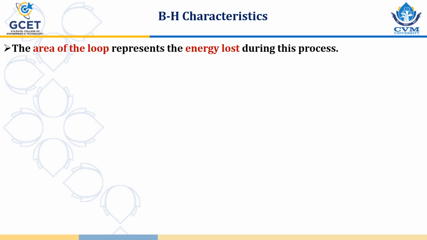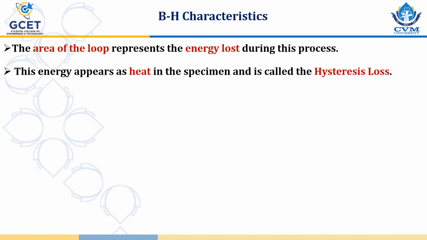When we reverse the current direction, the same particles are aligned in negative. So from positive alignment to negative alignment, the particles change their position, and during this position changing, they lose energy, and this energy can be calculated by calculating the area of the hysteresis loop.